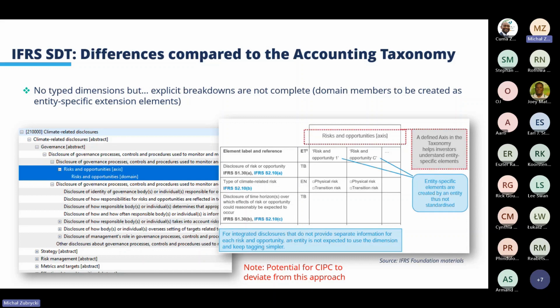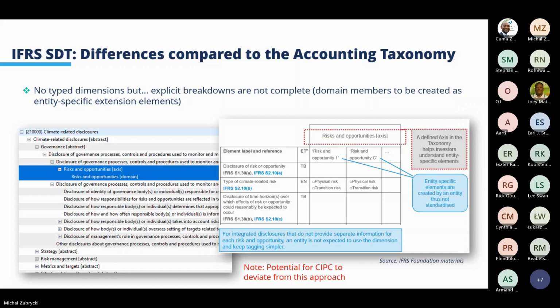Hence, requiring that could make some difficulties for the global community that is using the accounting taxonomy for reporting their financial information, and that would probably also lead to some additional development needs on the software side.